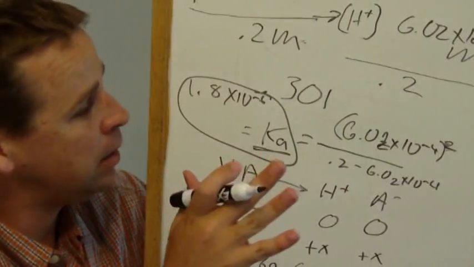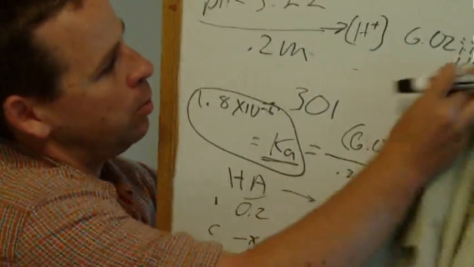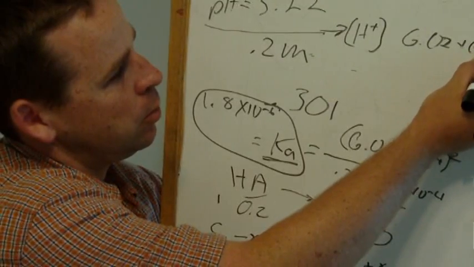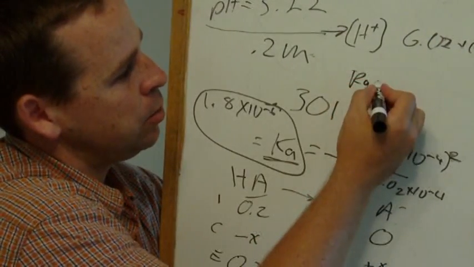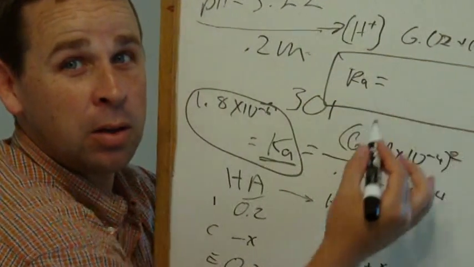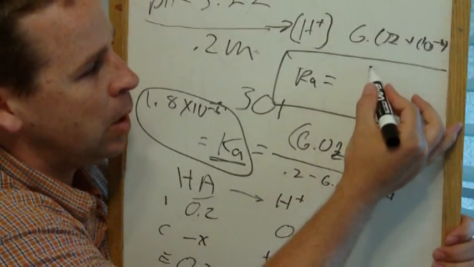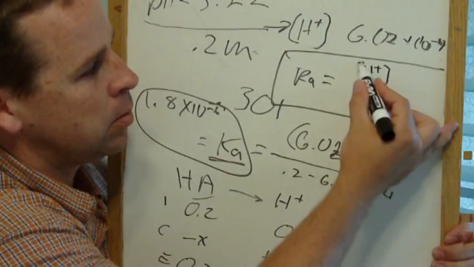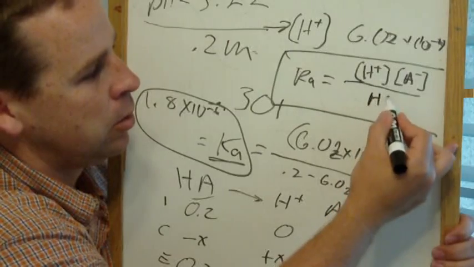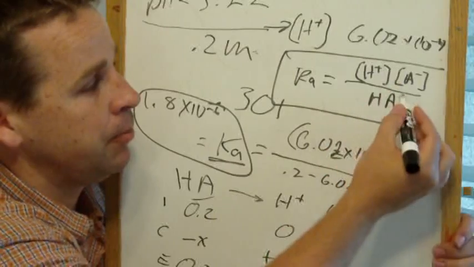So again, the way we did that is we set up what Ka was equal to. Ka is equal to the amount of H plus times the amount of its conjugate base over, not the initial concentration, but the equilibrium concentration of HA.